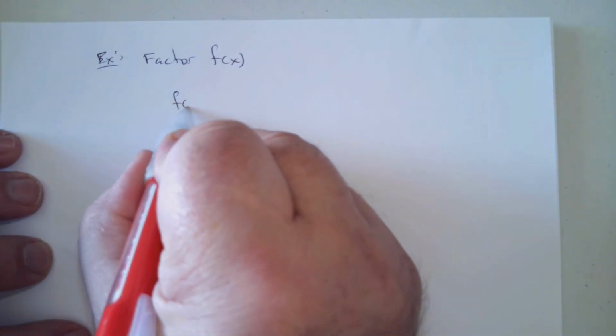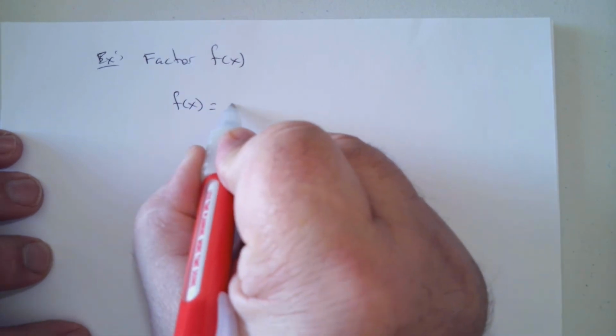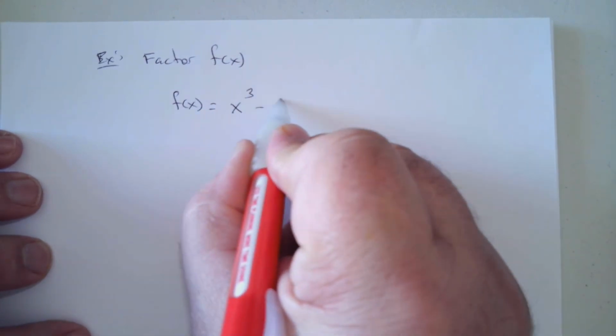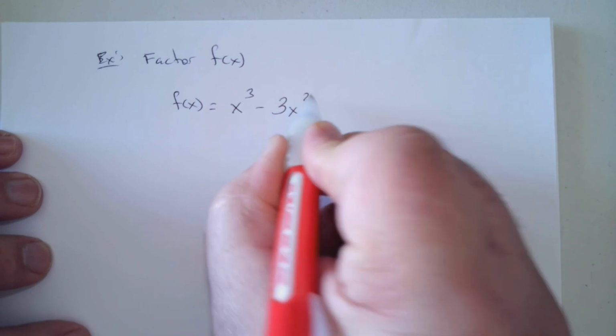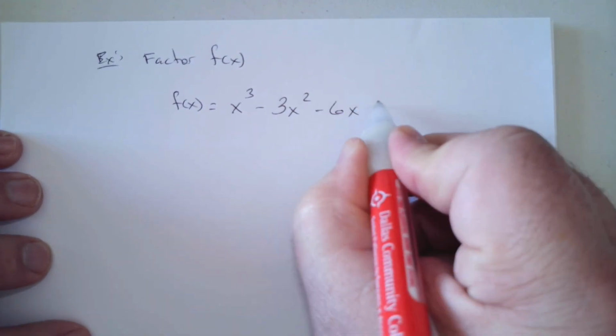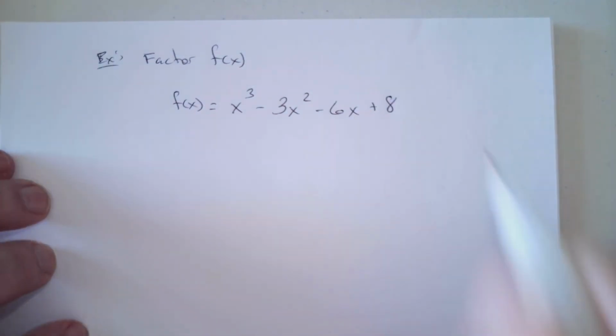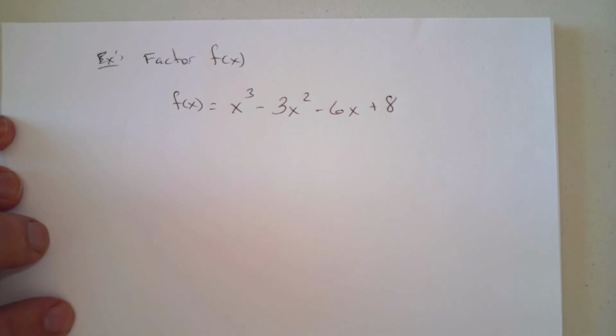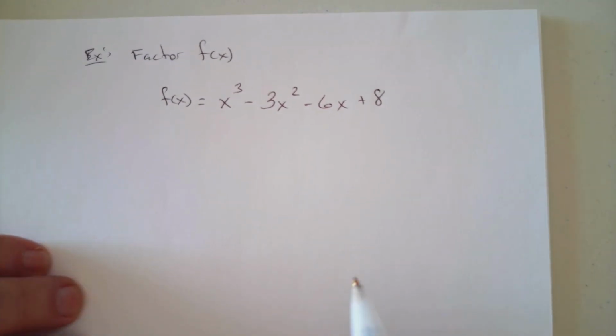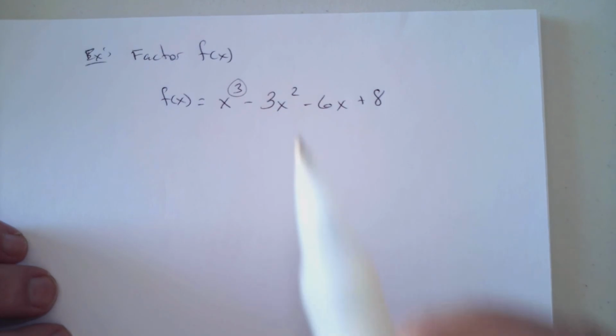f of x equals x cubed minus 3x squared minus 6x plus 8. So we're going to have three factors.